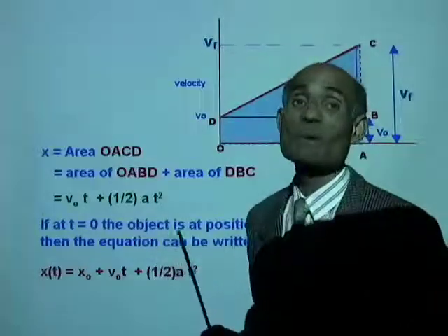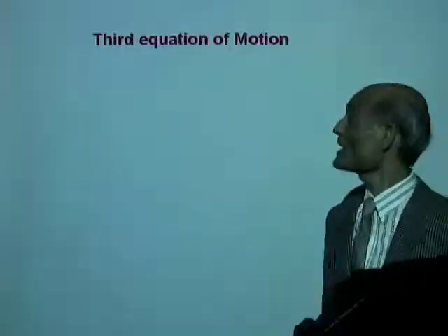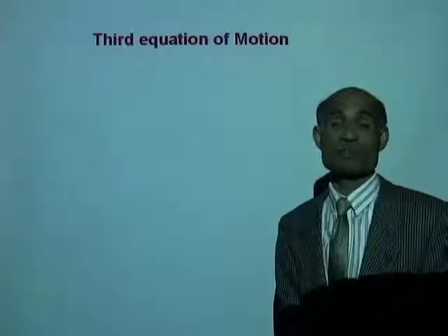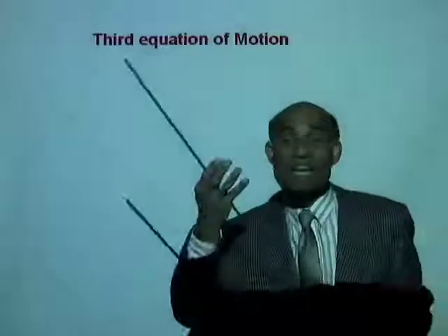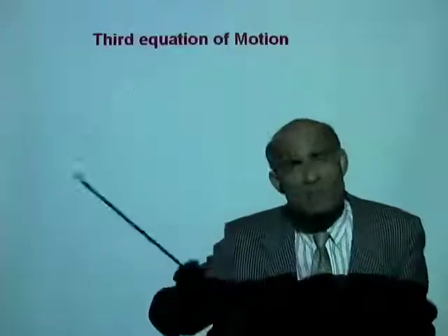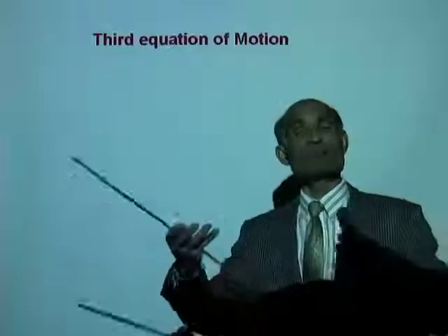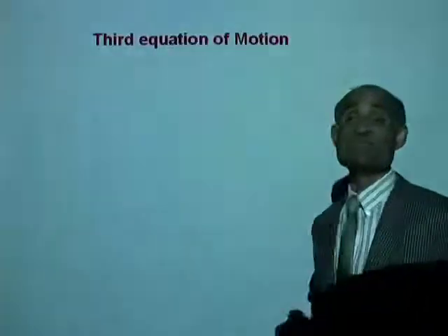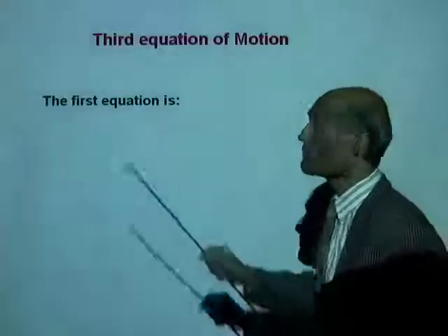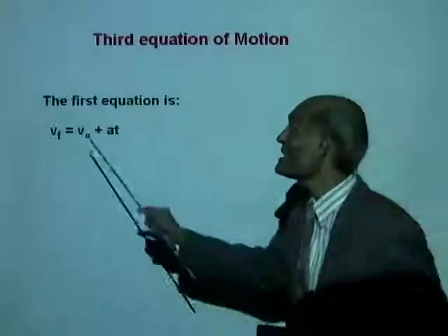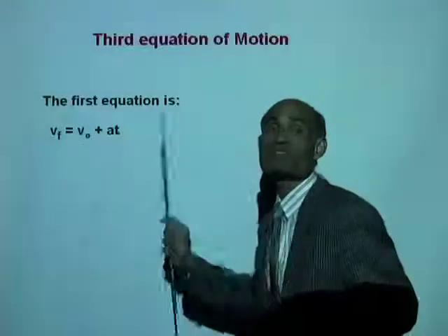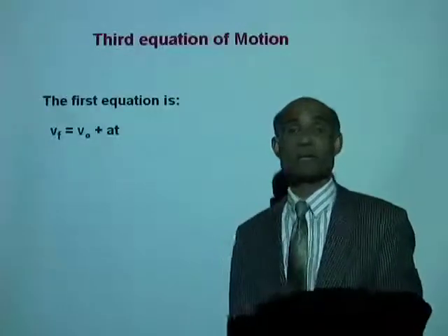Alright, we will now develop a third equation. Third equation of motion. What we're going to do is take the first equation and manipulate it and produce a different equation. The first equation is Vf equal to V0 plus AT.